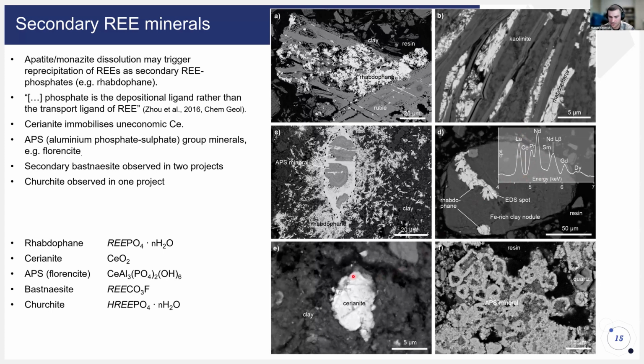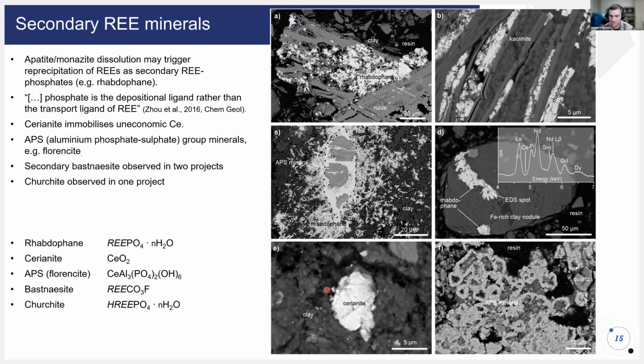And at the same time, we see that cerianite was forming in the same resin block. So that's cerium oxide, sorry. And cerium, you have to know, is the only rare earth that has an oxidation state of 4+. So under highly oxidizing conditions, cerium does not like to partition into some of the phosphate phases.